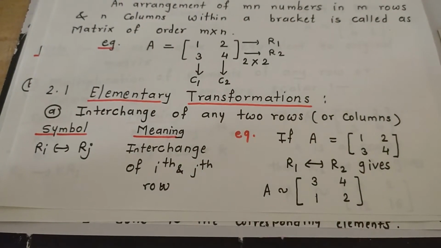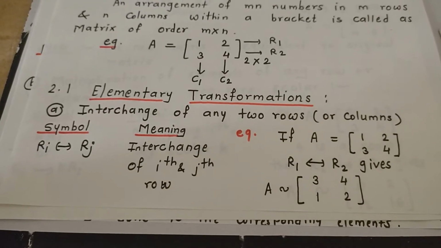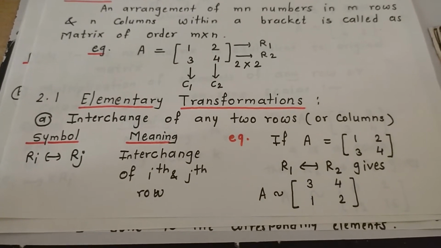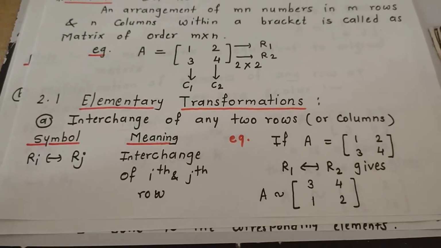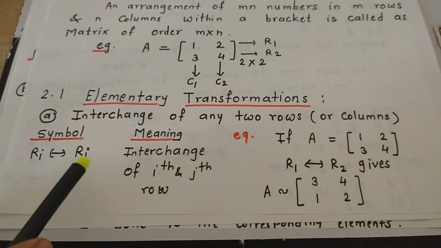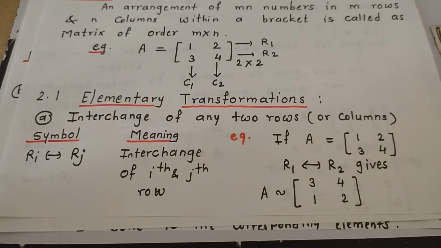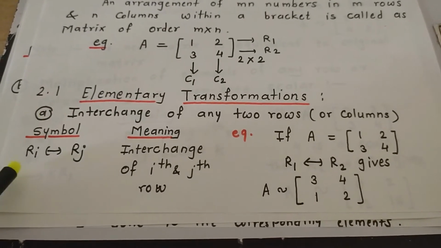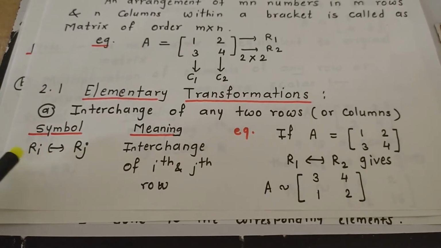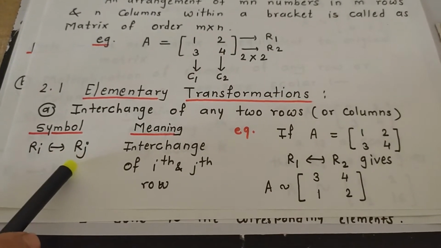If we have to interchange 2 rows or 2 columns in a given matrix, suppose we have to interchange the ith row and jth row of a given matrix, it is symbolically denoted by Ri interchange Rj.